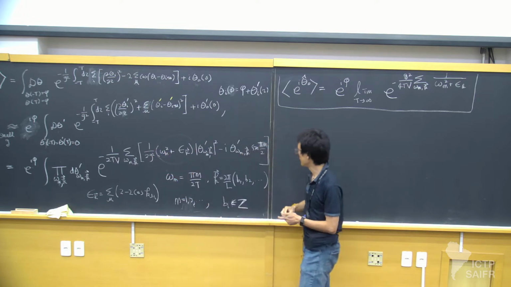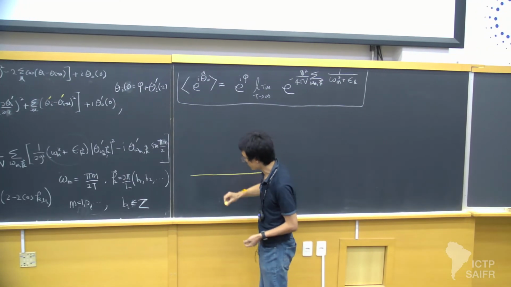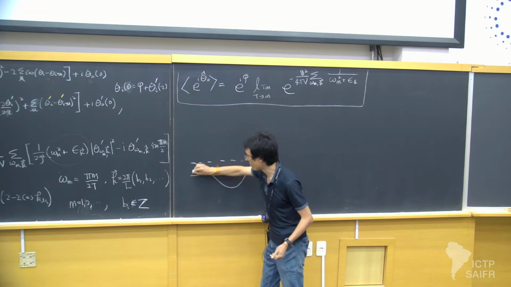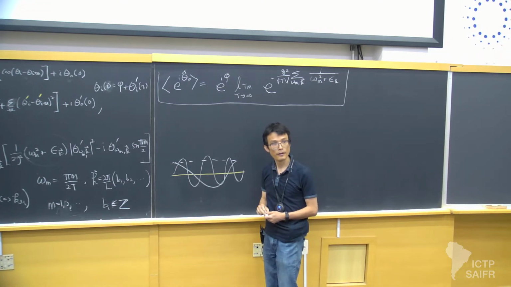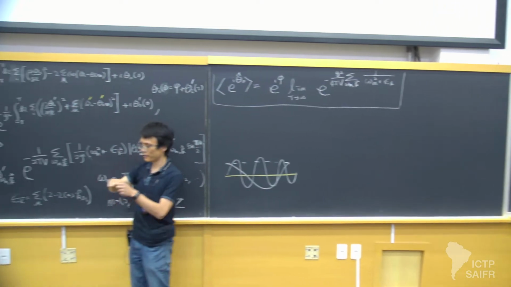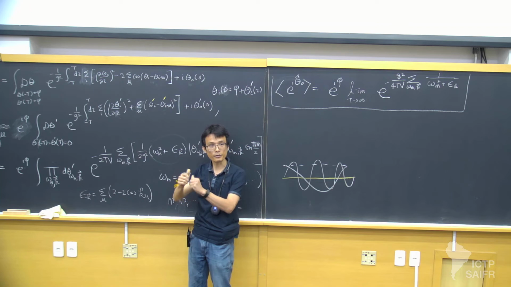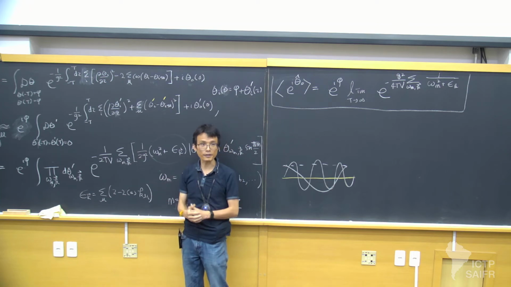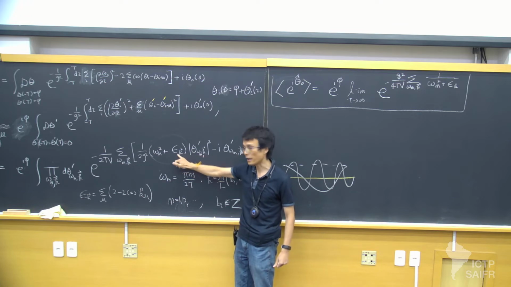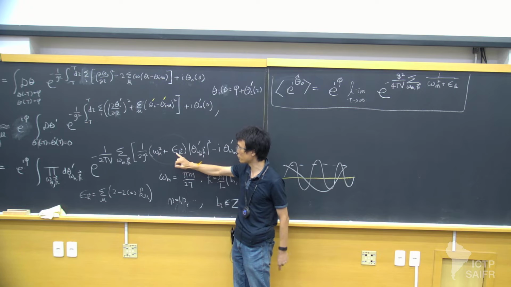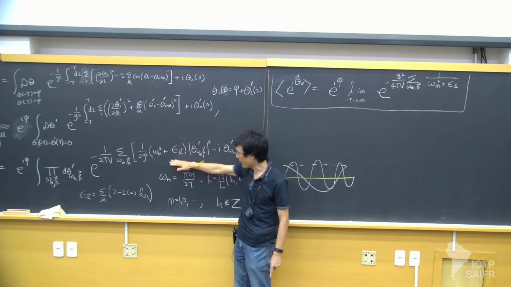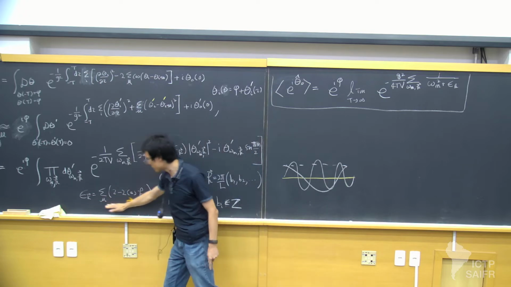So in space, if this is real space, you can create a uniform mode or some sinusoidal mode or fast mode like this, right? But the modes with a small wave vector create a small difference in relative angle, so therefore they cost less action. That is encoded in this term, epsilon of k. So this is how costly it is to create a mode with momentum k or wave vector k. And then this is given by this equation here.